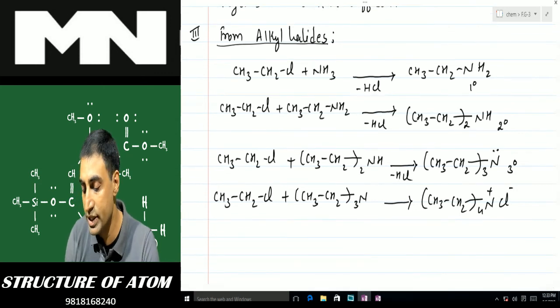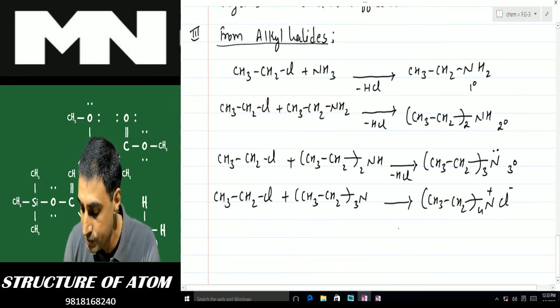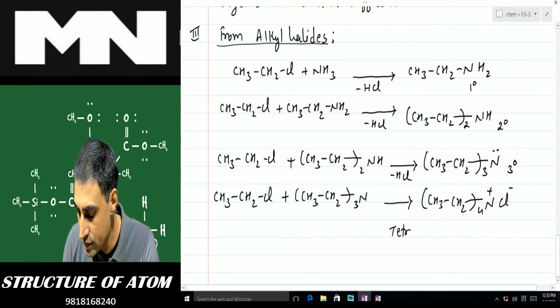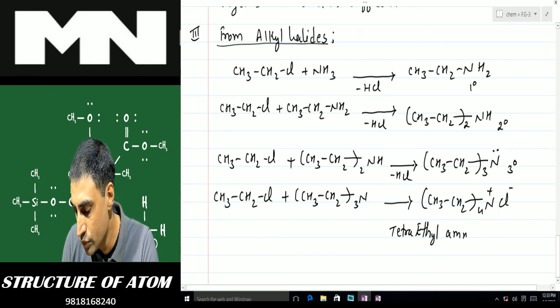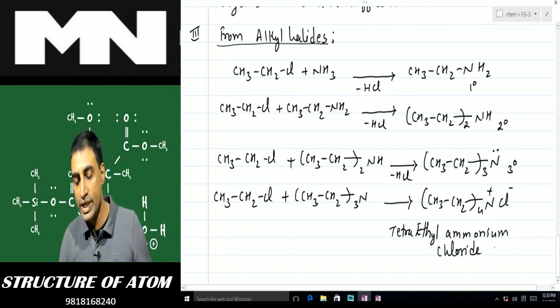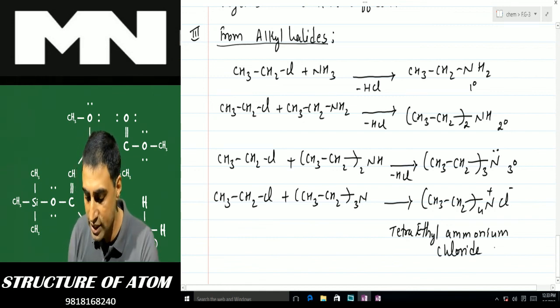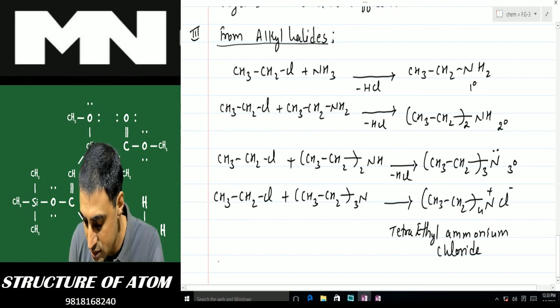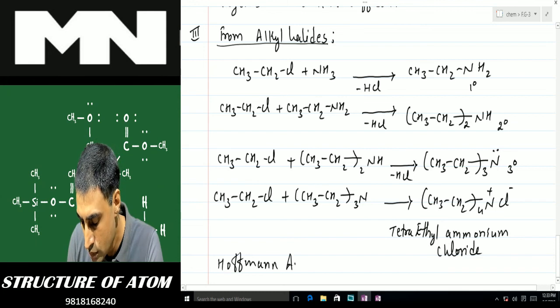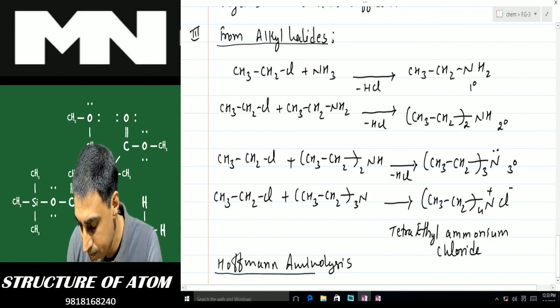So here a quaternary salt you are getting, and this compound is tetraethyl ammonium chloride. So when you react an alkyl halide with ammonia, you'll get a mixture of these amines, and this reaction is known as Hofmann aminolysis.